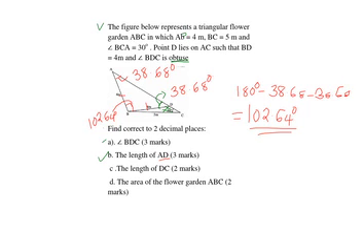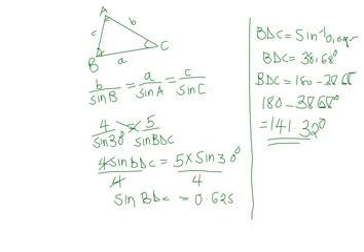Again, we should apply the sine rule. So AD divided by sine 102.64 should be equal to the length, which is given as 4, divided by sine 38.68 degrees.